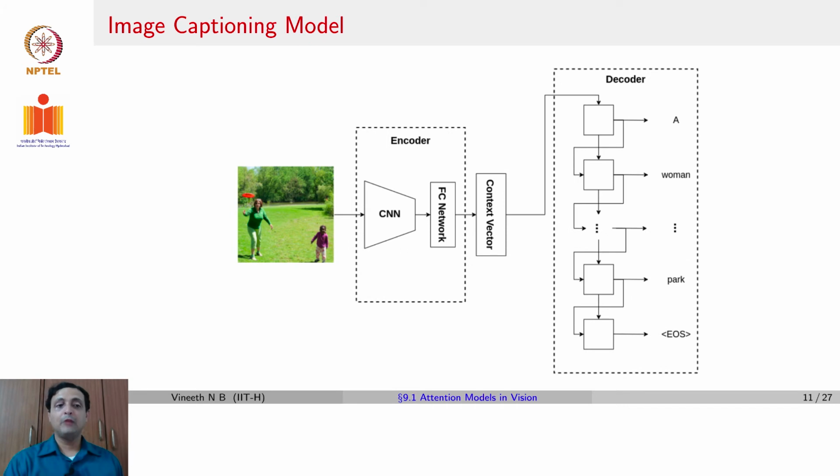Similarly, if you considered the image captioning task, you would have an image, and in this case, your encoder would be a CNN followed by, say, a fully connected network, out of which you get a representation or a context vector, and this context vector goes to a decoder which outputs the caption, a woman ... say in the park, end of sentence.